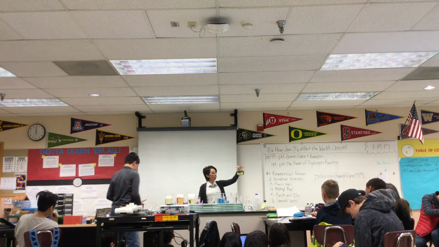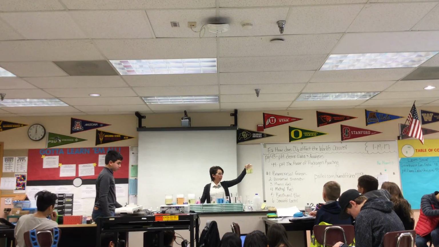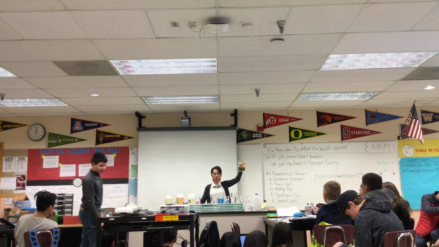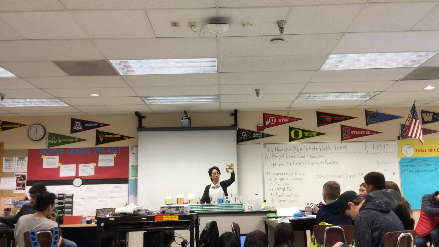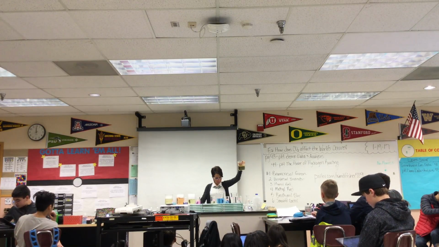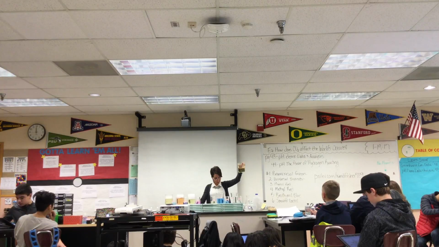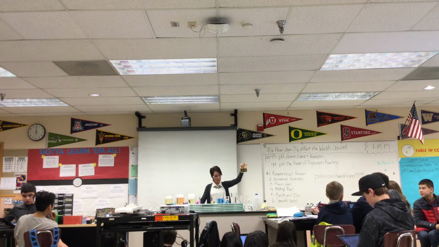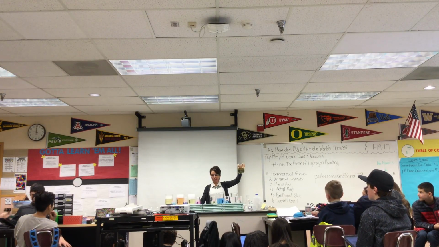Would you consider this to be like a bright yellow, a pale yellow? Pale yellow. All right, so you can go with pale yellow. And what color should it turn? Pinkish white. So like maybe a light pink, all right?